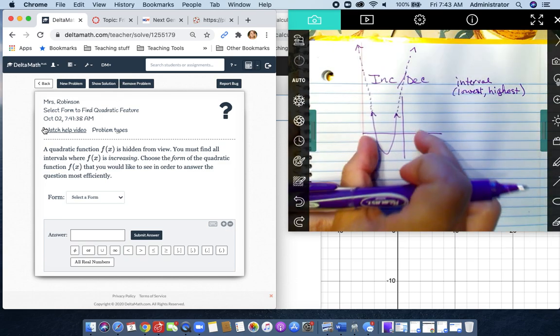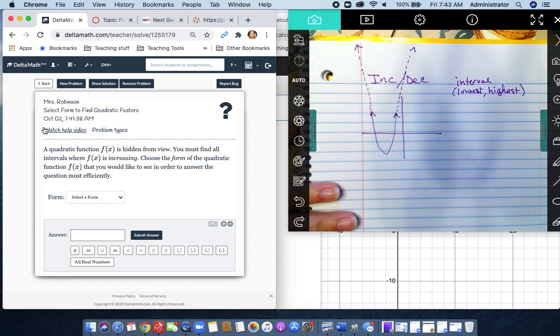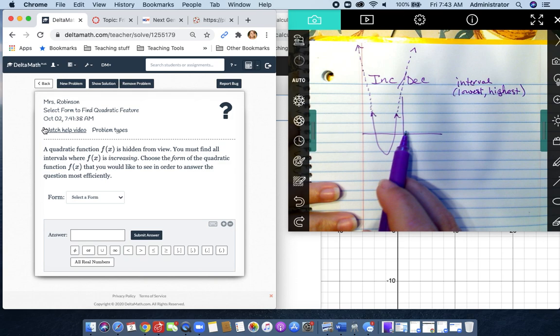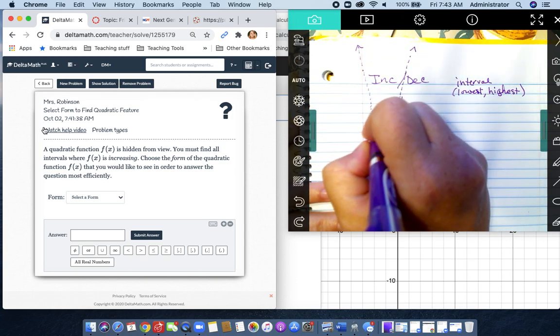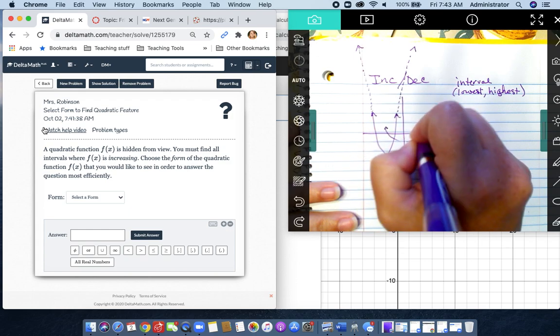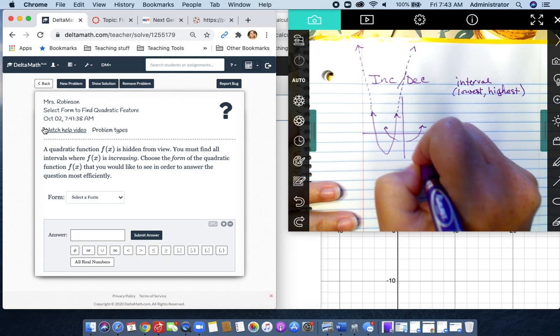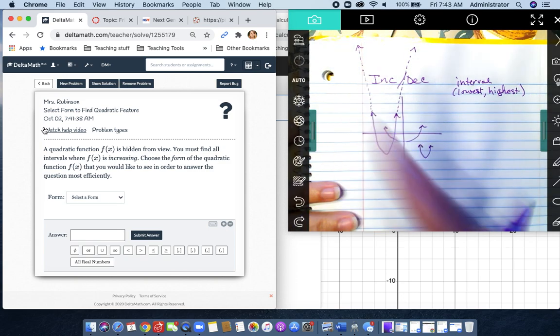If we were to write an ordered pair to describe what quadrant this arrow ends up in, then this would be quadrant 1. In fact, the right side will always be quadrant 1. Doesn't matter if we have a wide parabola, that's going to end up in quadrant 1. If we have a skinny one, this one's going to end up in quadrant 1, and this one's going to end up in quadrant 2.